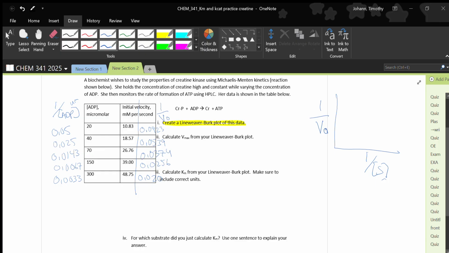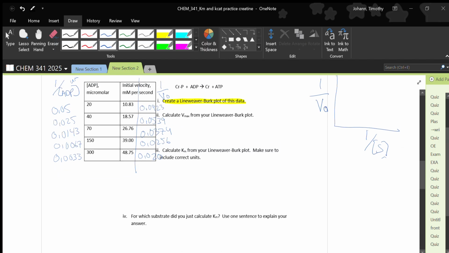Now you need to make a graph, right? So you're going to make a graph where you put 1 over ADP on the x-axis, and you put 1 over V naught on the y-axis. And like I said, for your final, you will need to do this by hand. So let's go ahead and practice it now. Do you guys still have your graph paper?